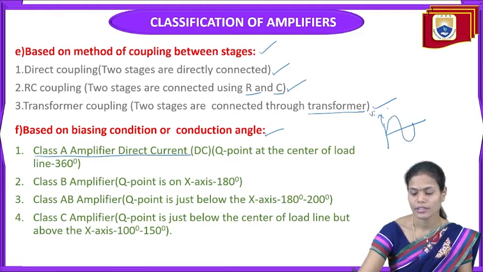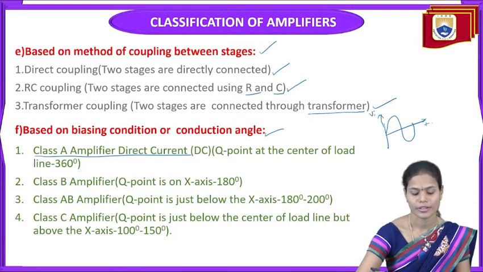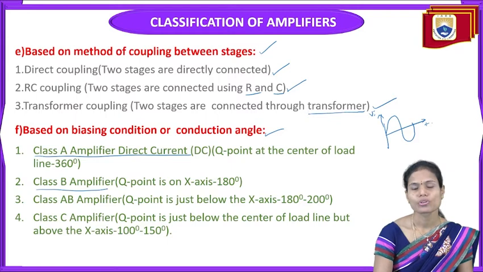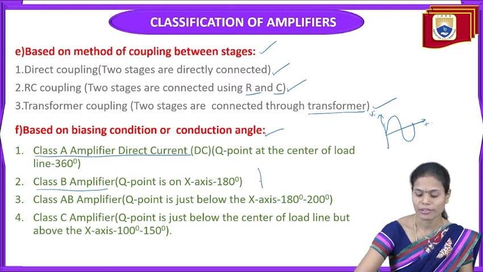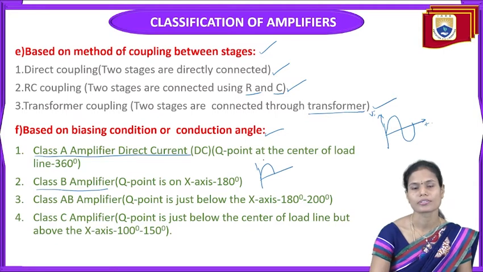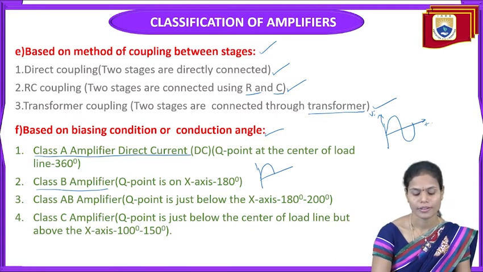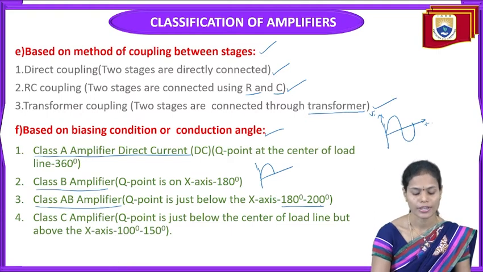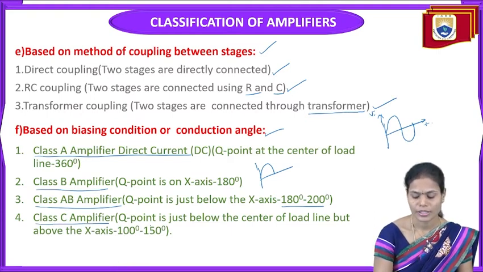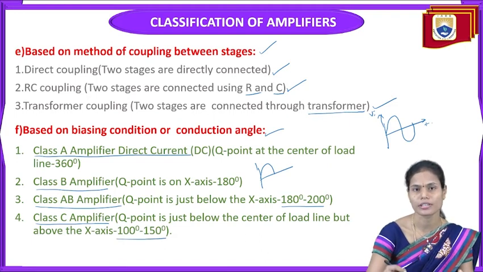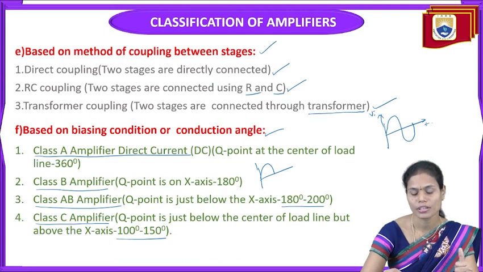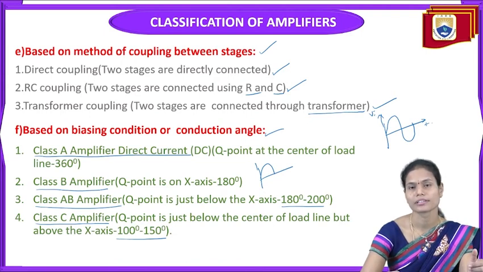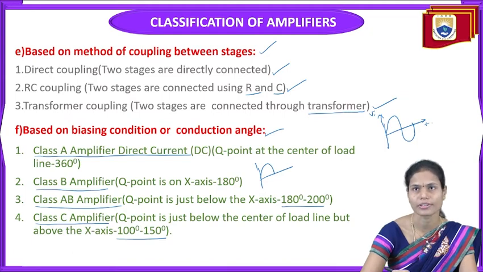And the class B amplifier can amplify only 180 degrees, or half, of the applied input signal. If you take the class AB amplifier, it will amplify the signal range of 180 degrees to 200 degrees only. And if you take the class C amplifier, it will amplify the signal from 100 degrees to 150 degrees. That is nothing but how much portion of the input signal we are utilizing; depending upon that, the amplifiers are classified here.